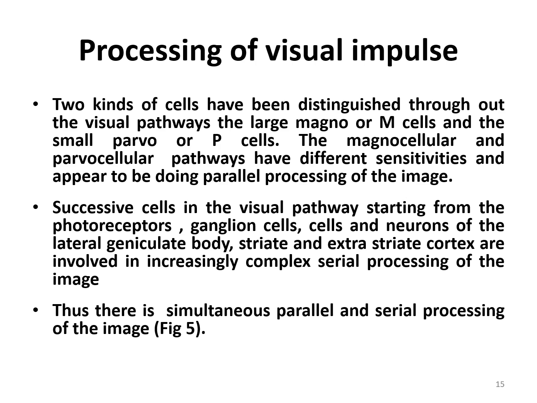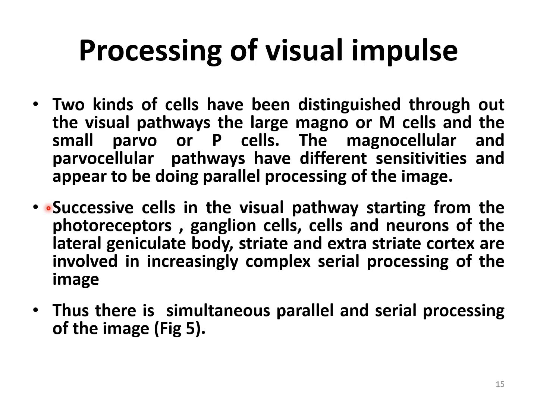Two kinds of cells have been distinguished throughout the visual pathways: the large magno or M cells and the small parvo or P cells. The magnocellular and parvocellular pathways have different sensitivities and appear to be doing parallel processing of the image.